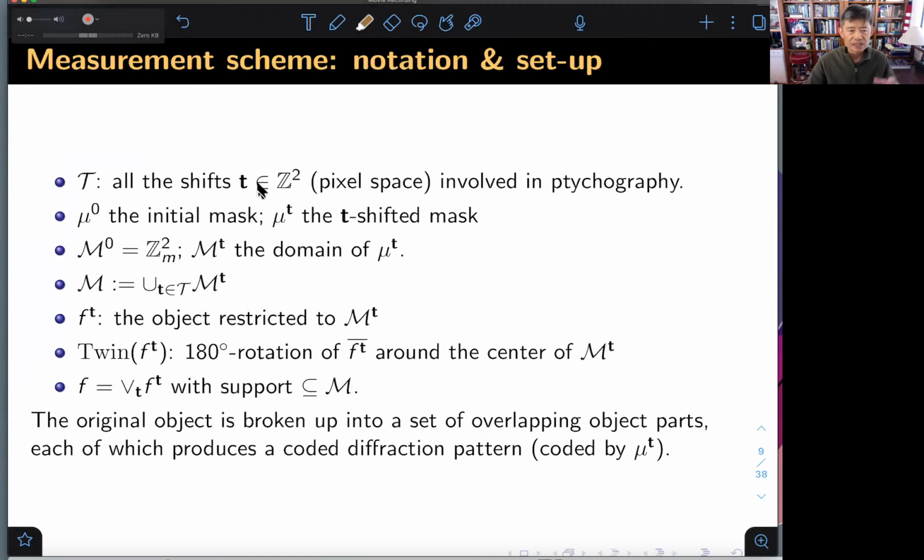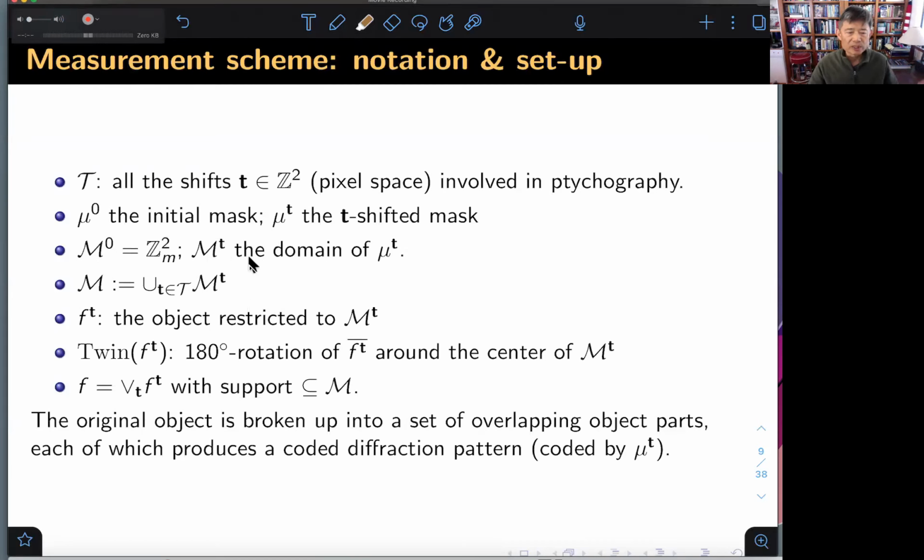Mu t is the translation, so it's a shifted one. Okay, and I'm going to call M0 the size, the area of the probe. Of course, for math convenience, I'm going to use the square mask, even though in practice people normally use a circular mask or circular probe. Okay, so Z_M squared, M represents the size of each side of the scanning probe.